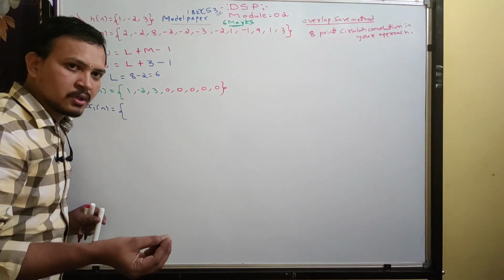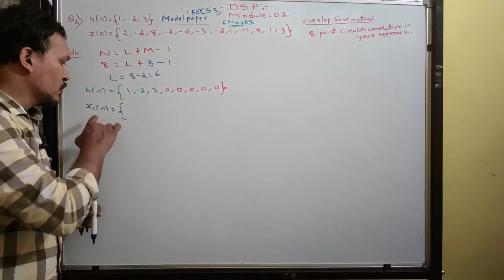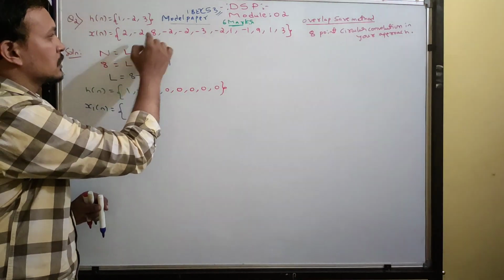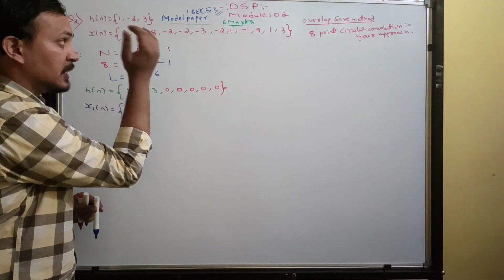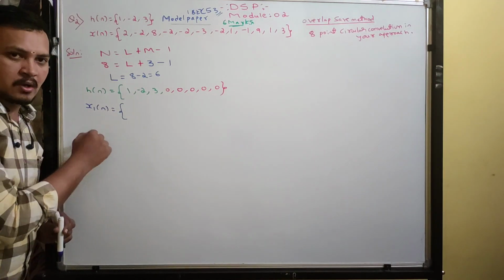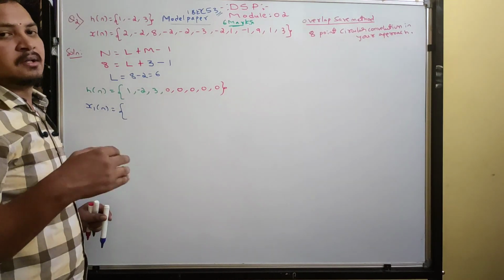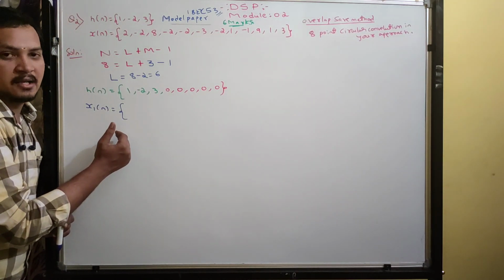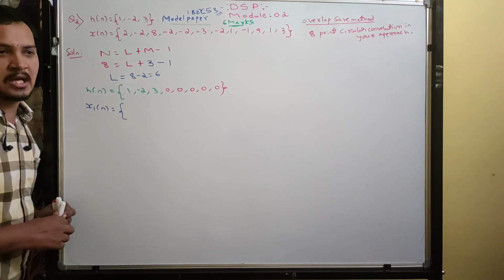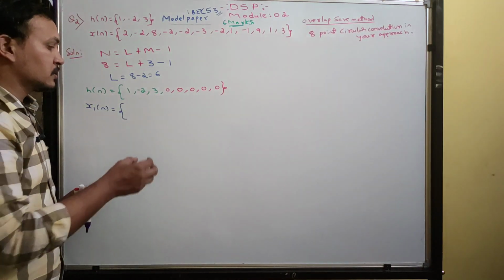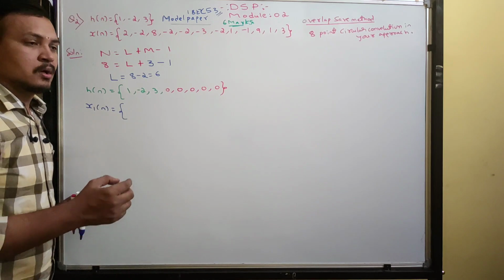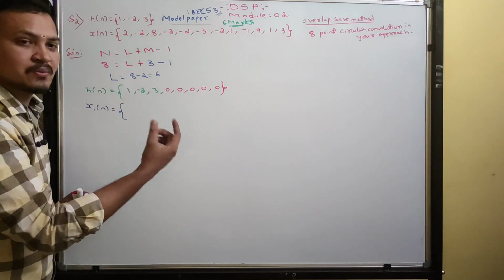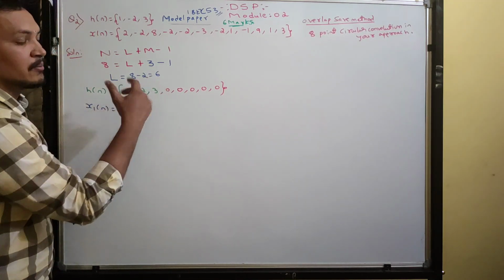You are adding or saving zeros only on x1 of n, the sub inputs, where you divide the overall input into samples. In x1 of n, x2 of n, you should either add the zeros at the end or save the zeros at the start. You must save M minus 1 zeros if it is the overlap save method. If it is the overlap add method, you add M minus 1 zeros after writing the samples.